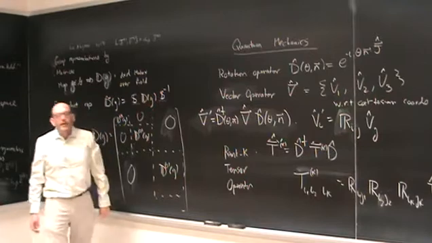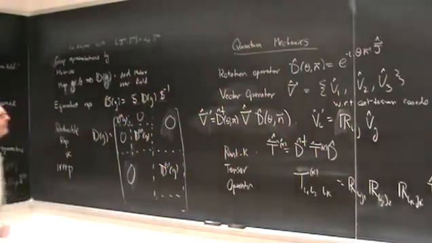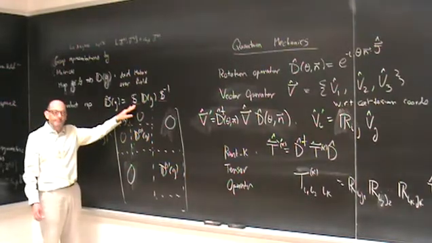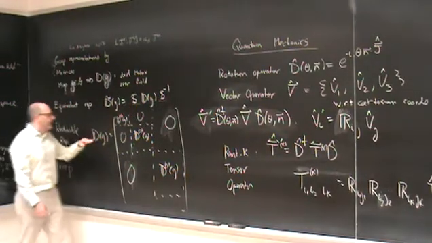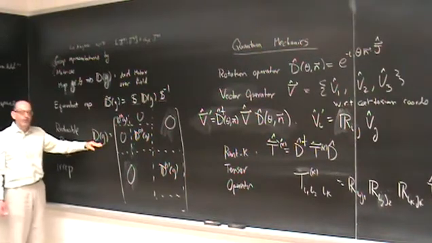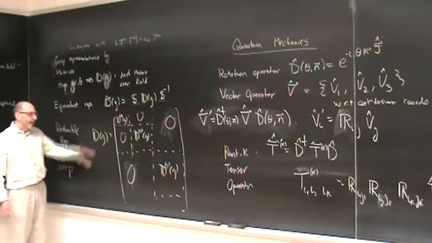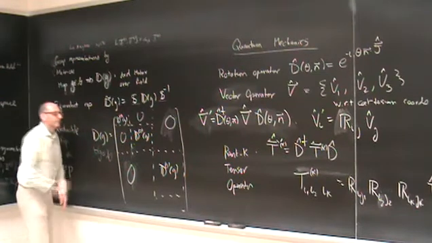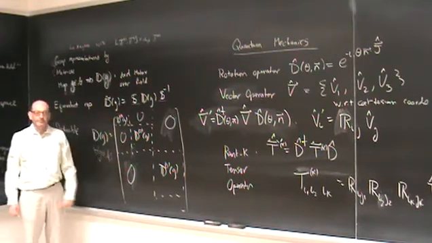Now, it might be the case that for a particular choice of basis, the matrix representation we've chosen for every element in the group is block diagonal.